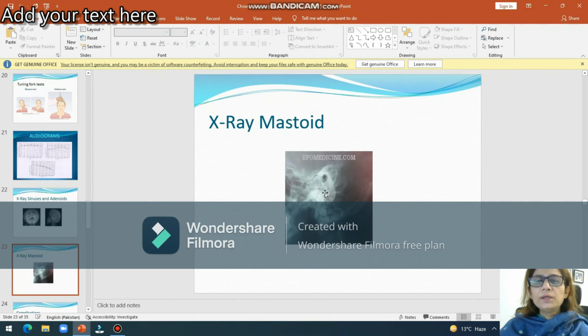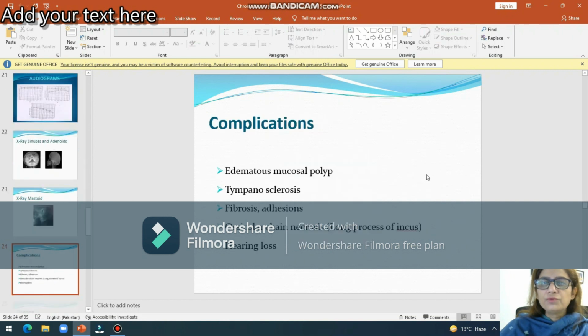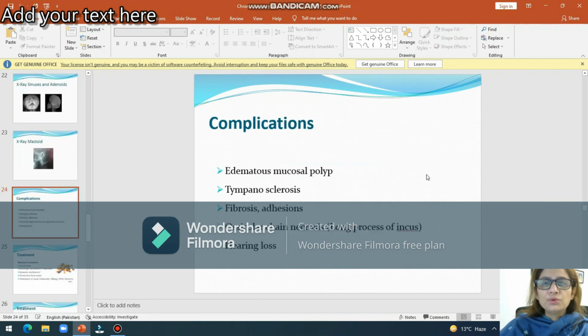This is clouding of the mastoid air cells showing mastoiditis. In cases of mastoiditis, you will have to treat mastoiditis. So complications are mastoiditis, edematous mucosal polyp, and tympanosclerosis.